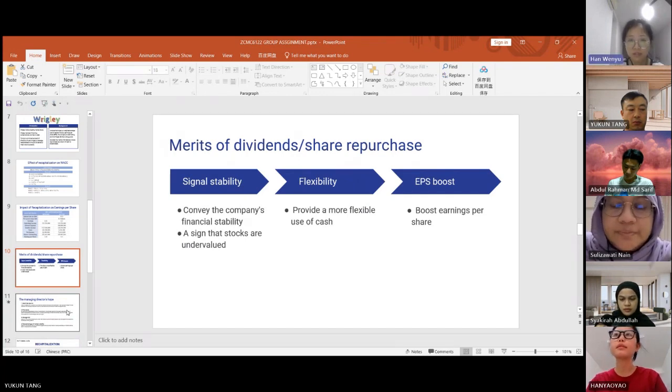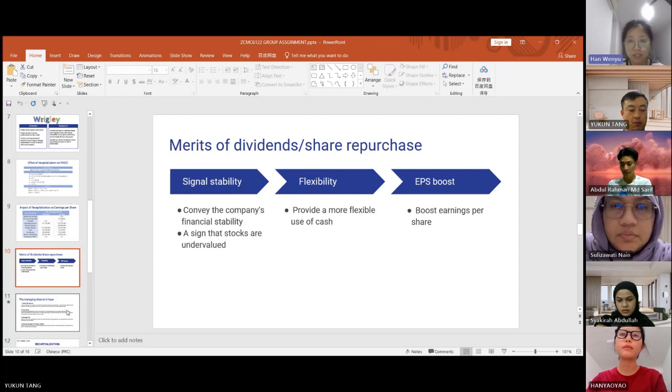Okay. Then it's about dividends or share buybacks as a means of returning cash to shareholders. In this case, it signals stability.